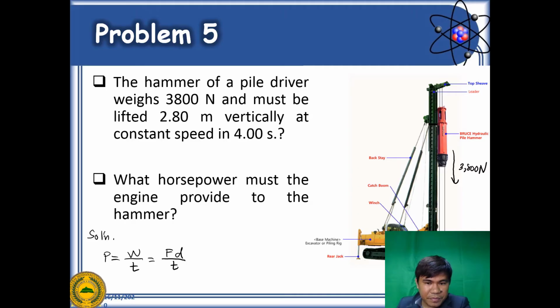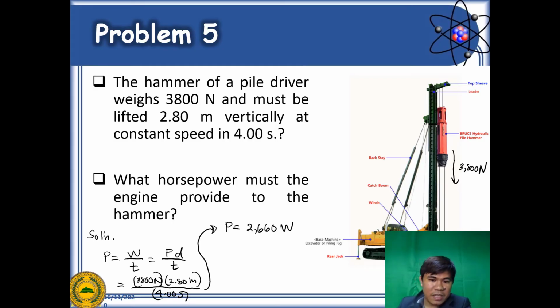So now, when we substitute the corresponding values, the force is 3,800 Newton, the distance is equal to 2.80 meters, and the time is equal to 4 seconds. So if you solve for power, this is equal to 2,660 watts.